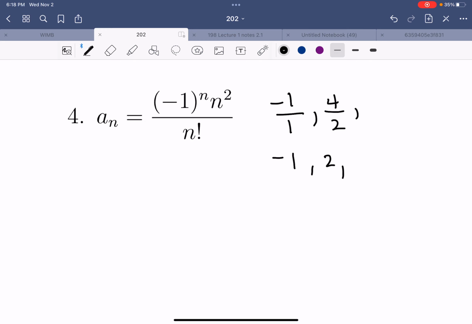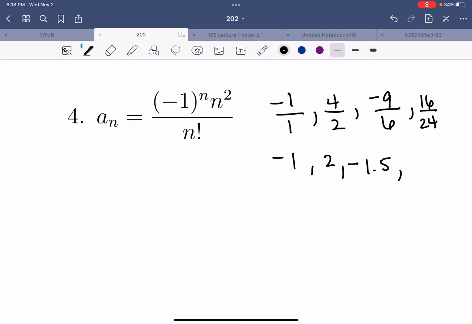And when you plug in 3, you get -9/6, which is -1 and 1/2. And then when you plug in 4, you get 16/24, which is less than 1.